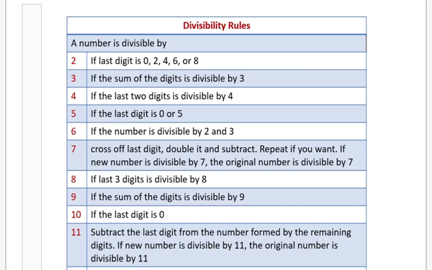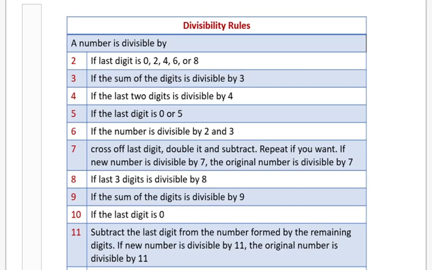Now see, for an example, 10. 10 is one of the examples of divisible by 2 because the last digit is 0, because 2 5s are 10. 10 is divisible by 2. Another example is 12, 14, 16, 18.